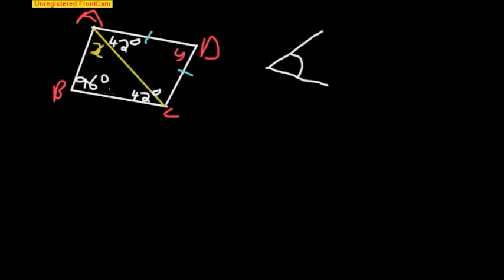So we can add up all these angles and then solve the value of x. So we know that x plus 96 degrees plus 42 degrees gives us 180 degrees.